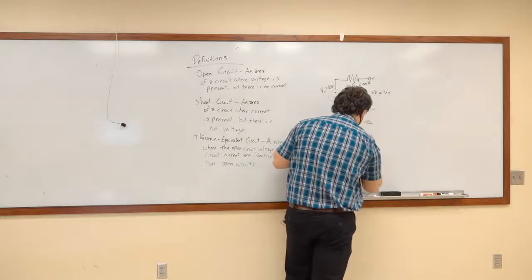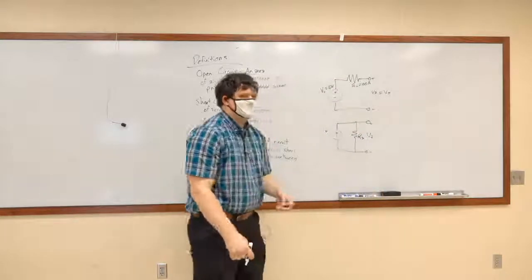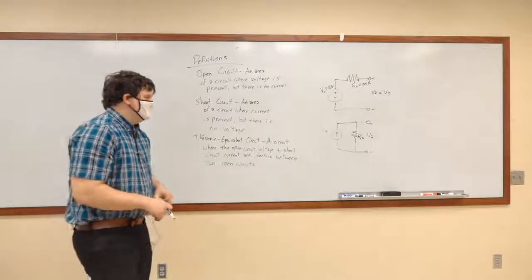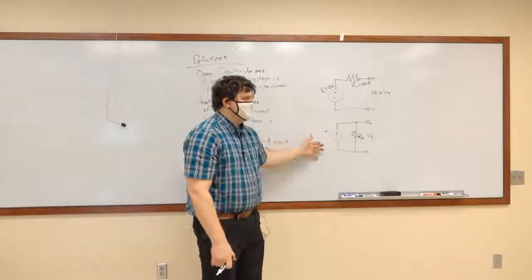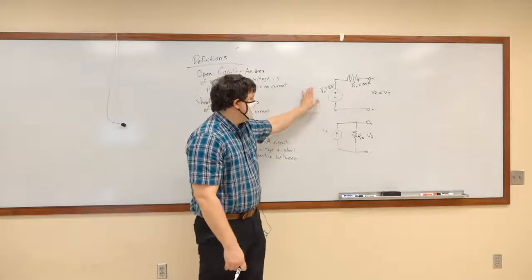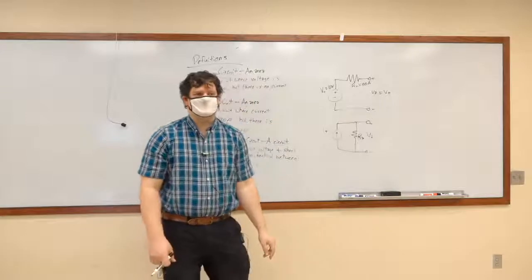I'm just going to call this our question mark for now. We'll come back and figure out what that resistance is. If this is going to be equal to whatever the circuit has, and this is also equal to it, these two have to be equal to each other.